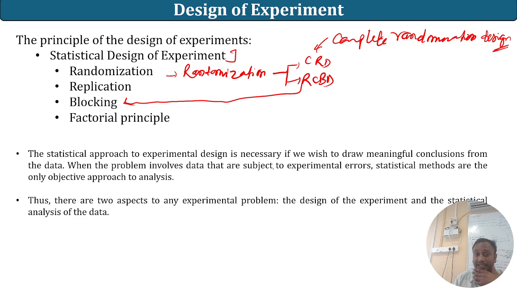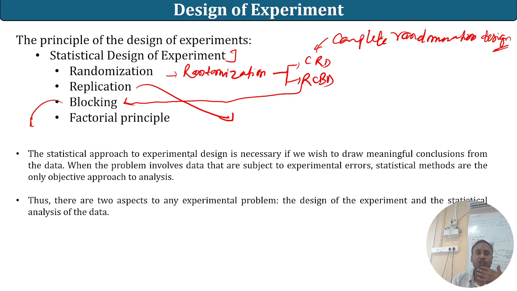Then we have replication, which means we make the experiment again and again. Then blocking, where we block similar variables at one place, doing homogeneous blocking.